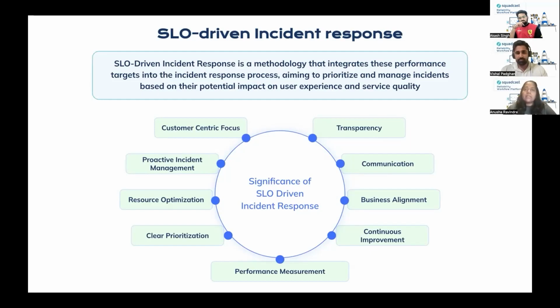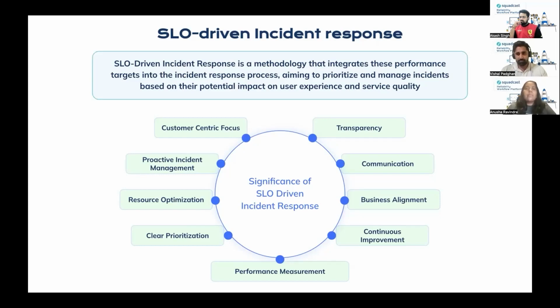By incorporating SLOs, organizations can proactively identify and address potential issues before they escalate into actual full-blown incidents. This enables teams to take preventive measures and maintain a higher level of system stability.